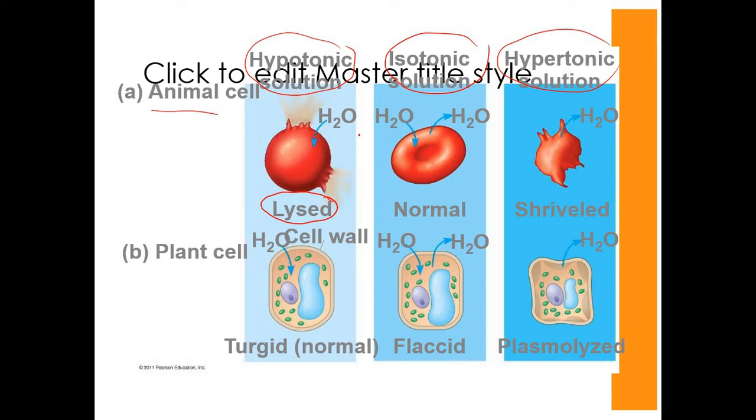In a hypotonic solution, water enters the cell, and the cell is lysed, meaning it breaks, it undergoes lysis. It bursts. In an isotonic solution, there is equal movement in and out of the cell, so the cell is normal.